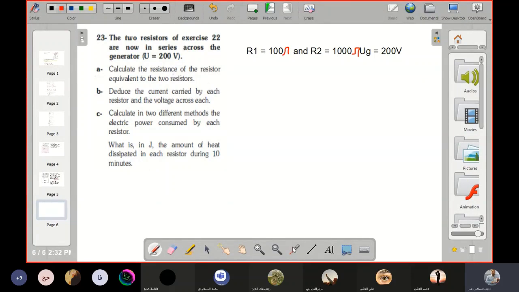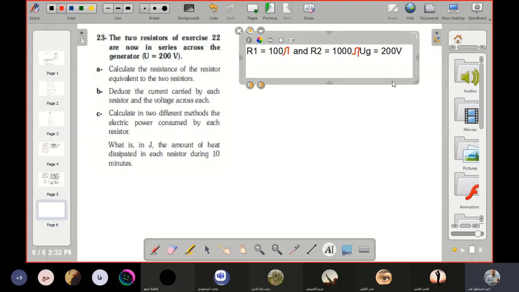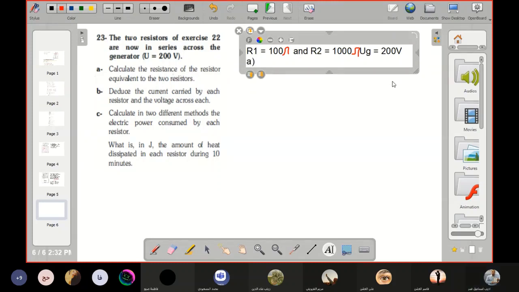Part A, calculate the resistance of the resistor equivalent to the two resistors. Part A, meaning R equivalent. What does R equivalent equal here in this case?